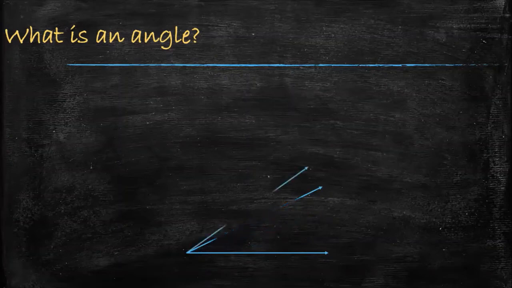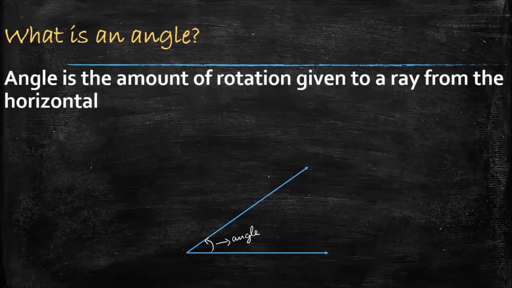Initially the ray was here and I have rotated it till here. So what is the amount of rotation I have given to this ray? That is what you call an angle. So angle is nothing but the amount of rotation given to the ray from the horizontal.